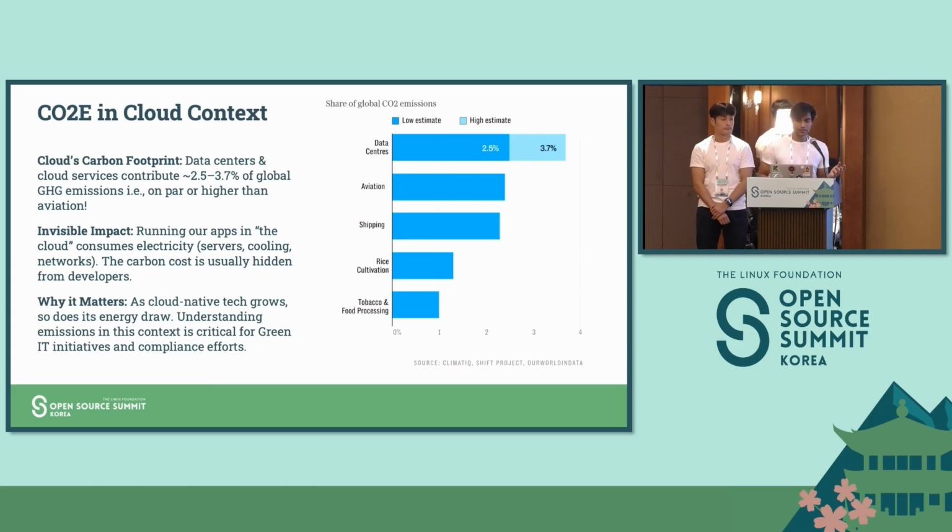Especially with the recent surge of Gen AI, these emissions in global greenhouse gases are going to increase for cloud and data center operations. As a developer, when I deploy my application in AWS or my Kubernetes cluster, I don't actually focus on the electricity being consumed by the servers, networking, or storage.